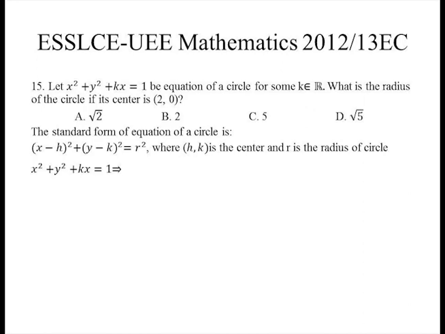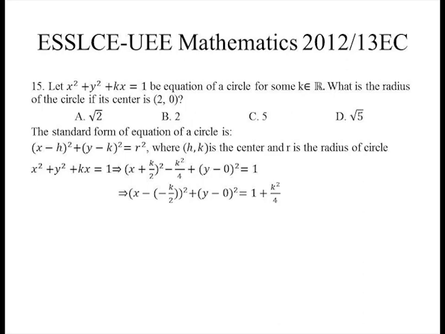This implies, divide the coefficient of x by 2, then write the equation as (x plus k over 2) squared minus the square of the positive term inside the bracket, that's (k over 2) squared, which is k squared over 4, plus (y minus 0) squared is equal to 1. x plus k over 2 means x minus negative k over 2, the whole squared, plus (y minus 0) squared is equal to, if we take k squared over 4 to the other side of the equality, 1 plus k squared over 4.